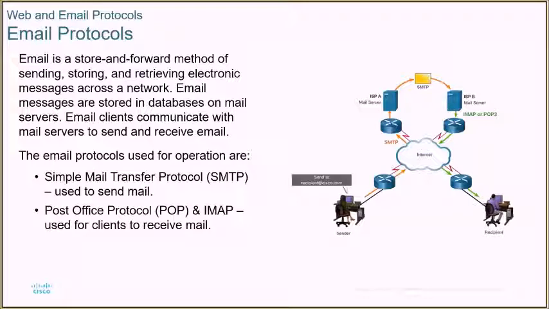IMAP is more commonly used these days because email services are a lot more generous in how much space they give you. Basically it does download your emails to your local copy, but it also leaves them on the server, because you've got the Gmails and the Outlooks and all of those kinds of things that give you multiple gigabytes or even maybe terabytes of storage space.